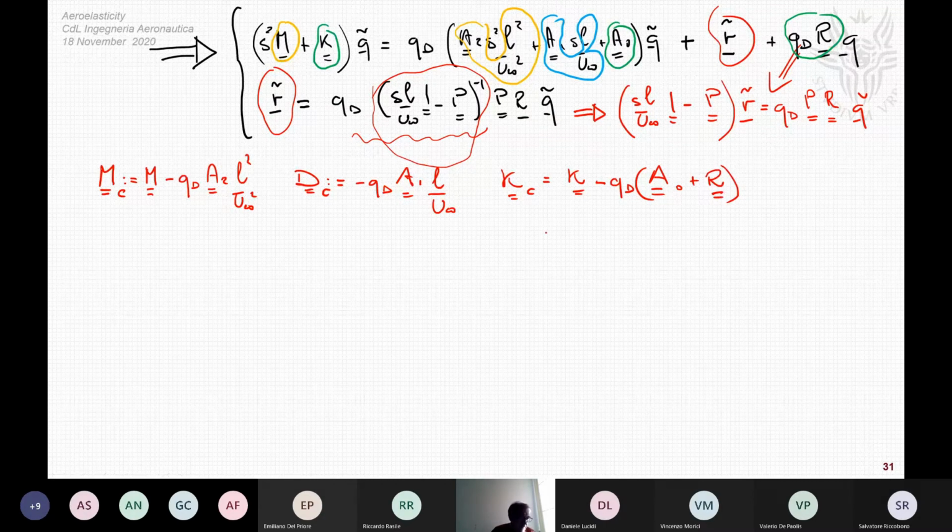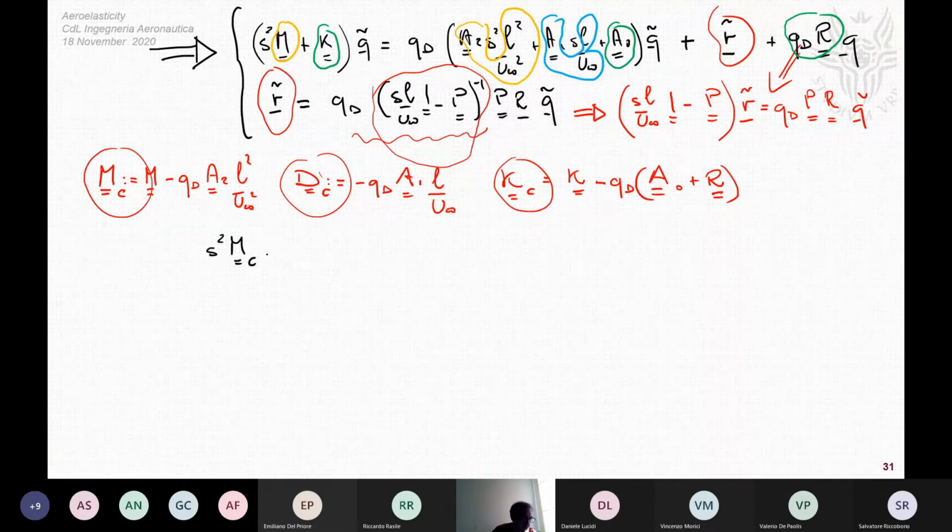And in this compact form, introducing this global mass, stiffness, and damping matrix, our system in Laplace domain is given by S square M C plus D C S plus stiffness.